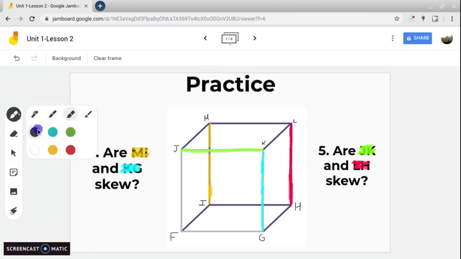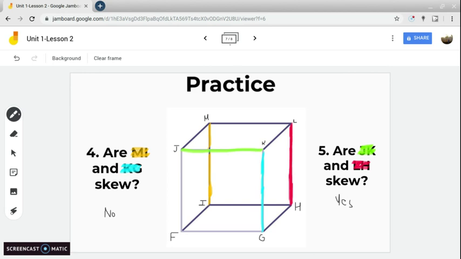First I'll just tell you the answers, and then I'll say why. The answers are no and yes. The reason is that for something to be skew, it has to be non-coplanar.